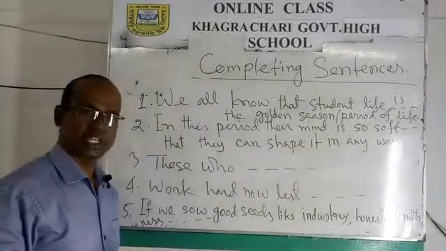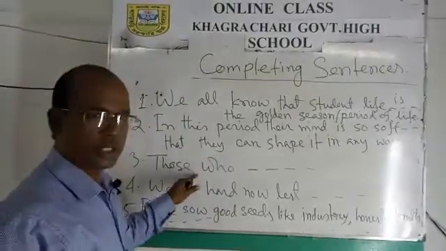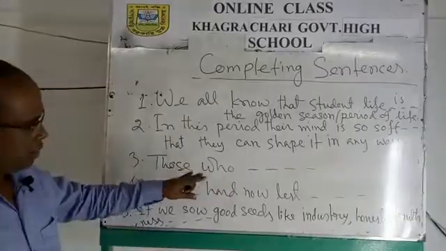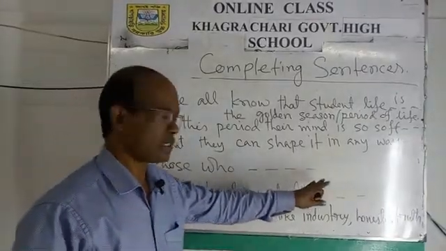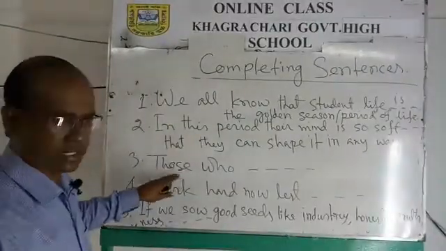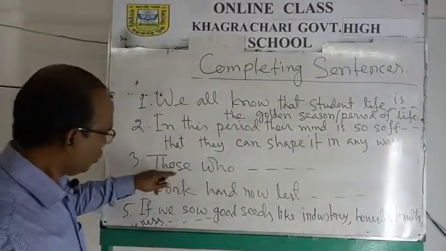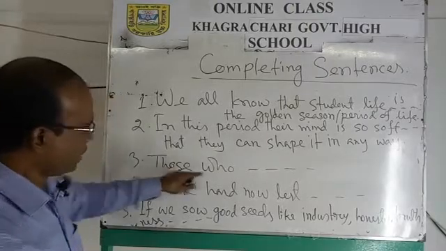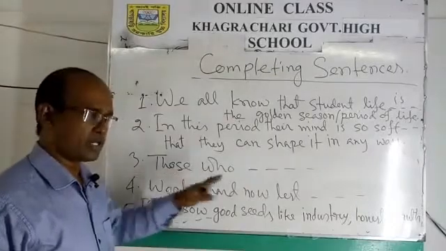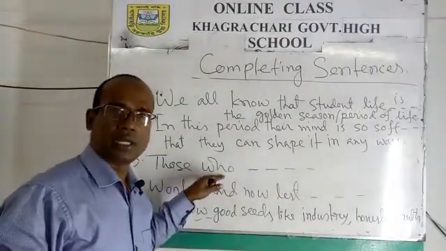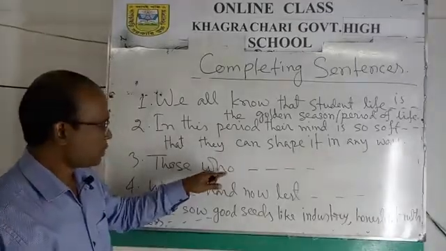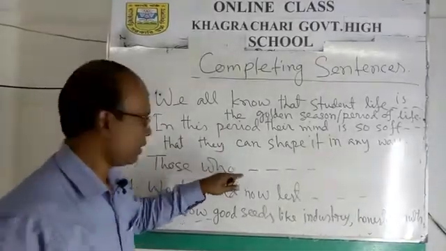Those who, dear students, sometimes we make mistakes here, because this sentence will be somewhat long, because there are 2 subjects. Those is a subject, who is also a subject. Those will require verb plus objects, who will require verb plus objects. That means at first we need to complete the subordinate part.